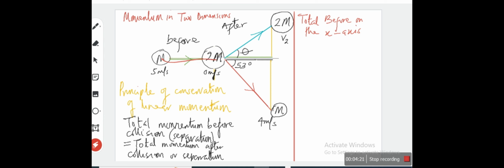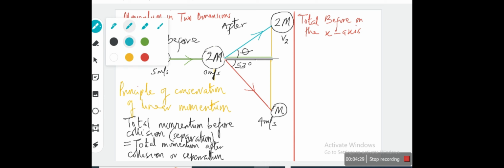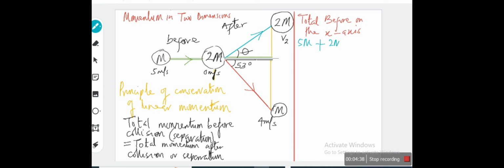That's 5m plus 2m times 0. Momentum is mass times velocity. So momentum of this one is 5m. Momentum of this one is 2m times 0. In fact, that gives us 5m. Am I right?